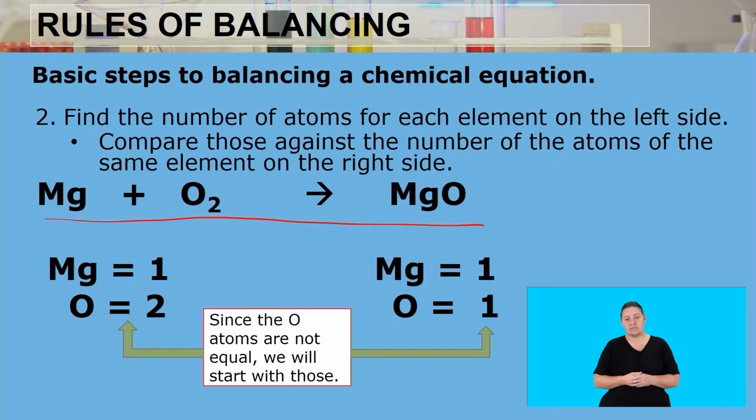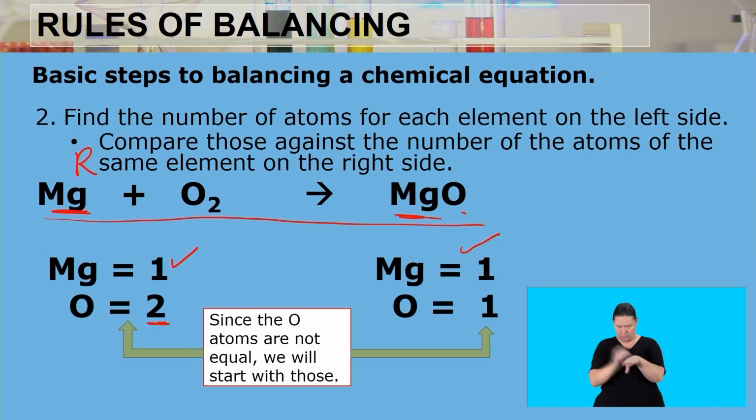On the left-hand side, on our reactants, we have 1 magnesium because there's only just the 1. On the right-hand side, we also have 1 magnesium, right? So the magnesiums are balanced, they are fine. Now looking at the oxygen, on the left-hand side we have 2 of them, but on the right-hand side it's only just the 1.